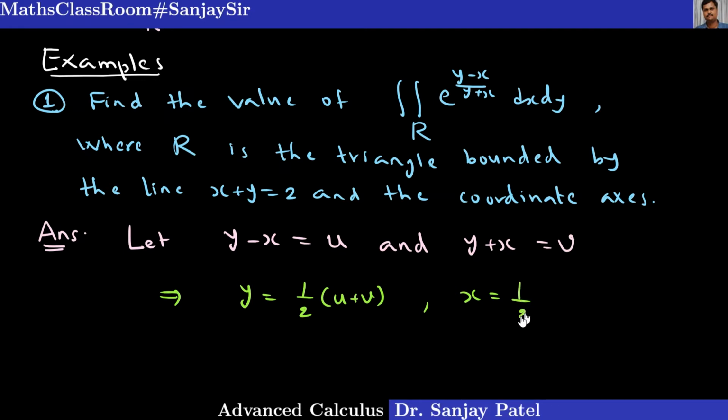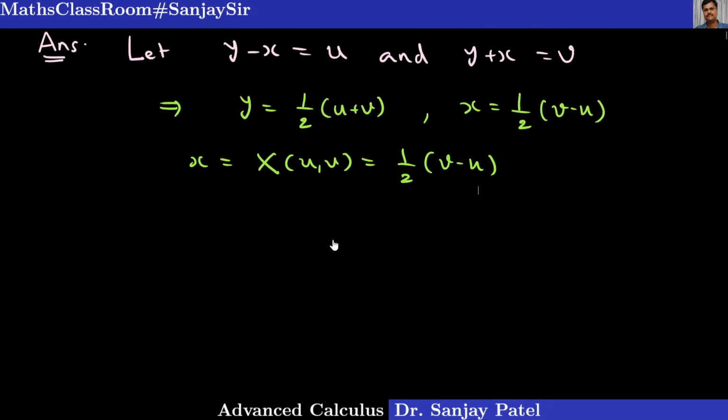So x is equal to 1 by 2 times (v minus u). If you don't understand, you can write all the steps. In short, I have solved these equations for x and y and made x and y the subject of the formula. Here x is expressed as a function of u and v, which is 1 by 2 times (v minus u), and y is also expressed as a function of u and v.